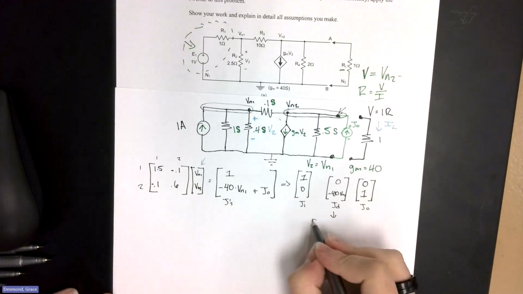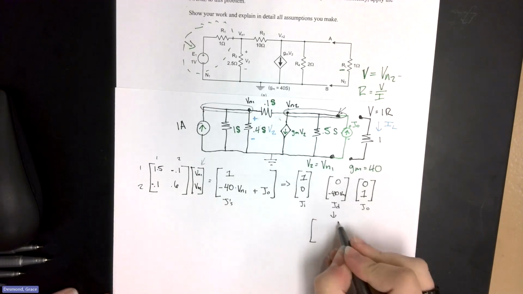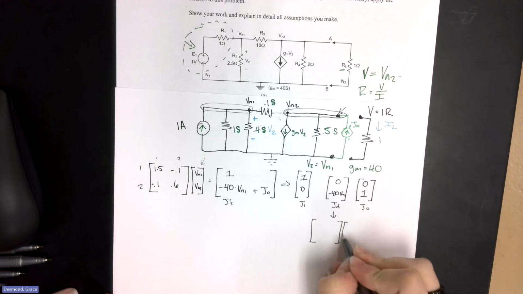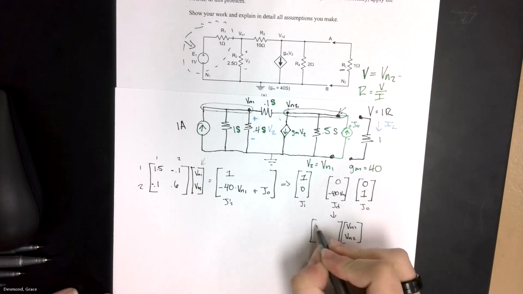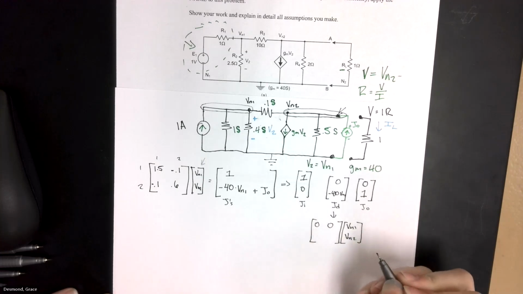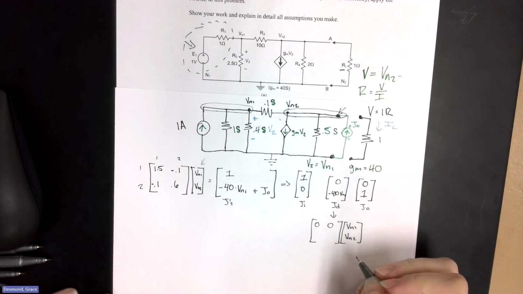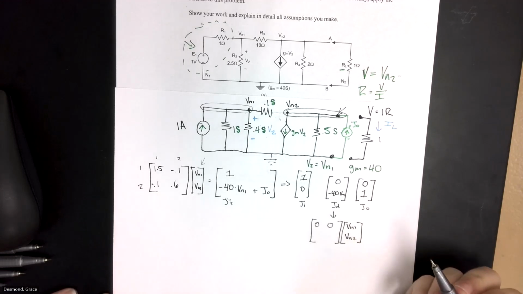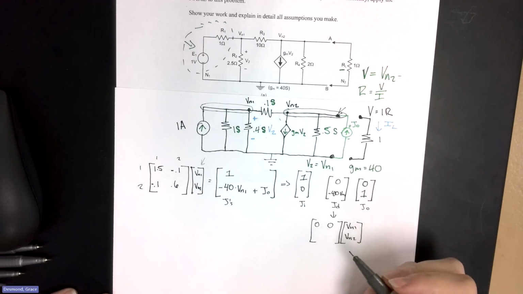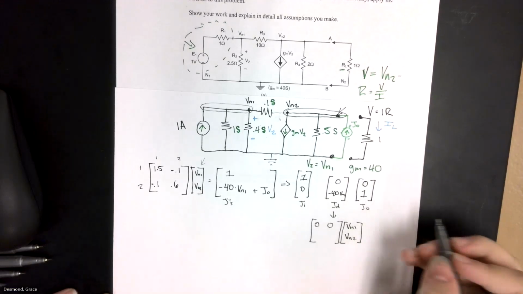So how can we write this? What's it going to be? Where it's a 2 by 2 times Vn1, Vn2. Close. Here, there, negative 40. There you go.